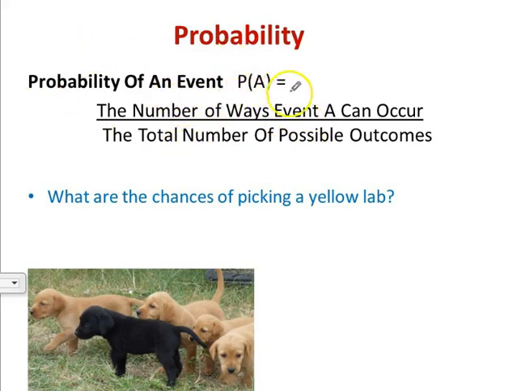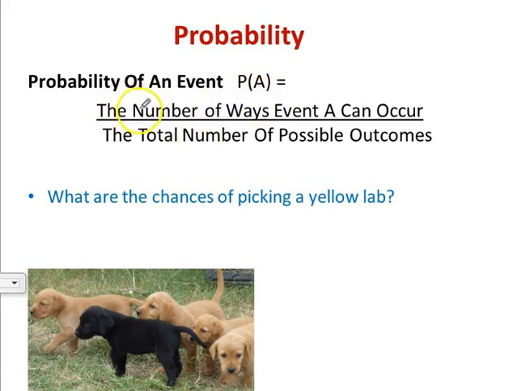And in Unit 6, you're going to start seeing some fancy notation, such as this, P, and then parentheses and A. And what that means is probability of event A occurring. So instead of writing out probability of an event, we can have a shortcut and just do capital P and then in parentheses what we're trying to find the probability of.